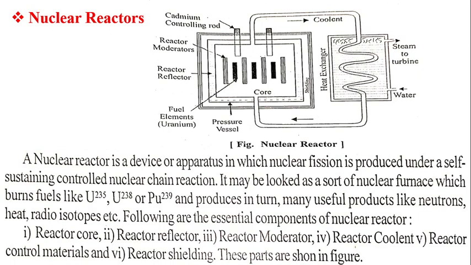If the temperature has to be raised, cadmium rods are pulled up a little. A fluid is circulated through the shielded reactor and heat exchanger, and the hot fluid, while flowing through the heat exchanger, converts water into steam, and the steam produced runs turbines to produce electricity.